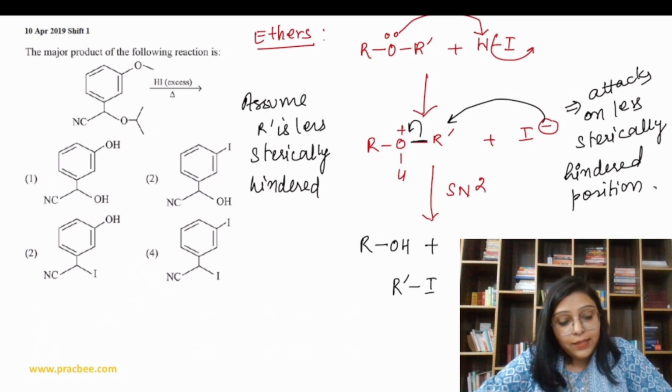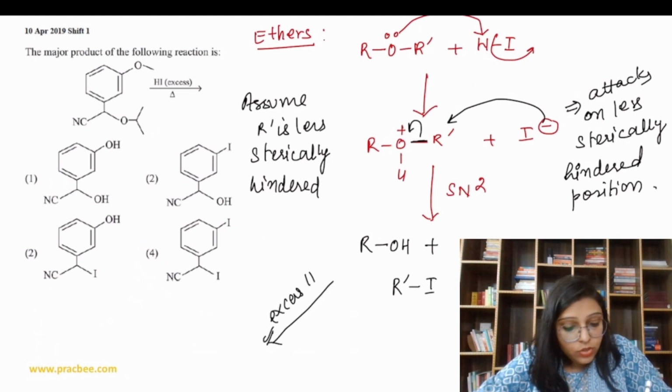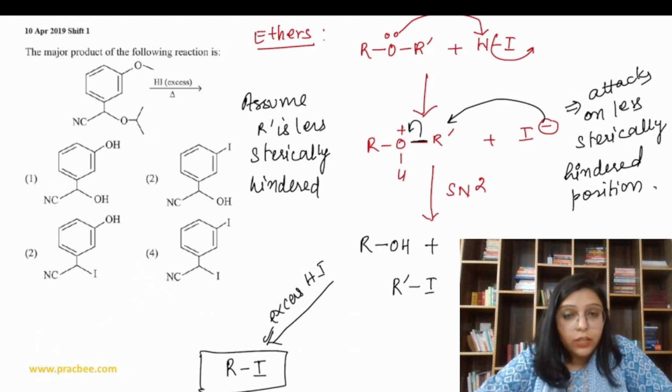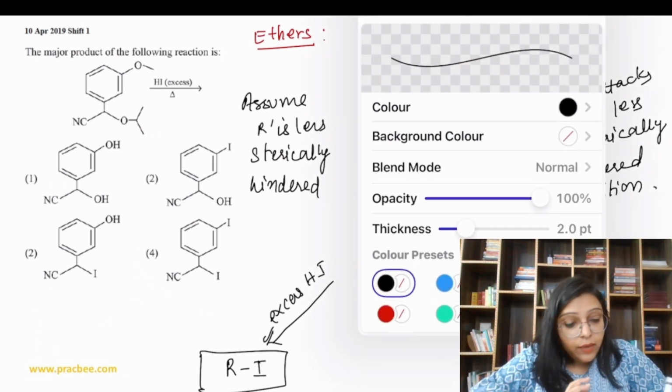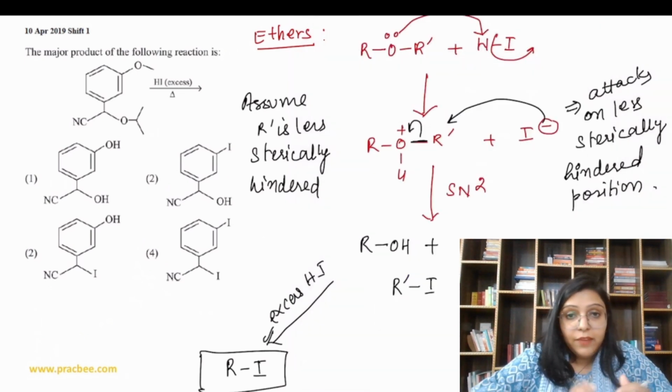Now the question is about excess HI. If we have excess HI, ROH can also be converted to RI. We have to apply the same concept, but we have to understand one thing here.